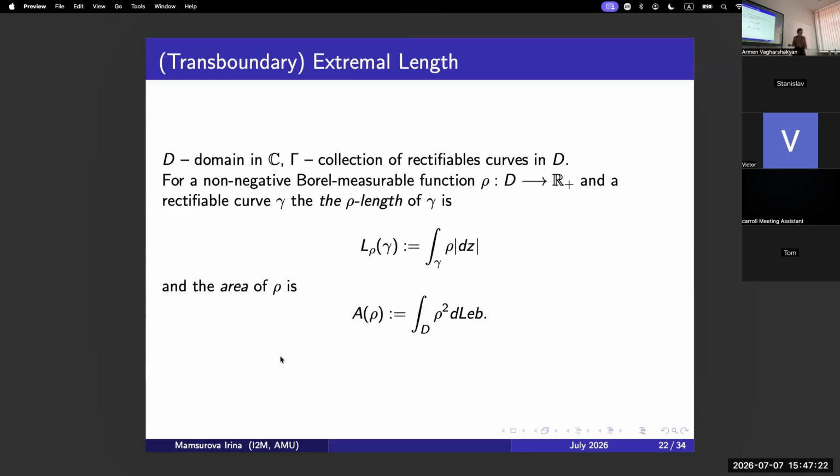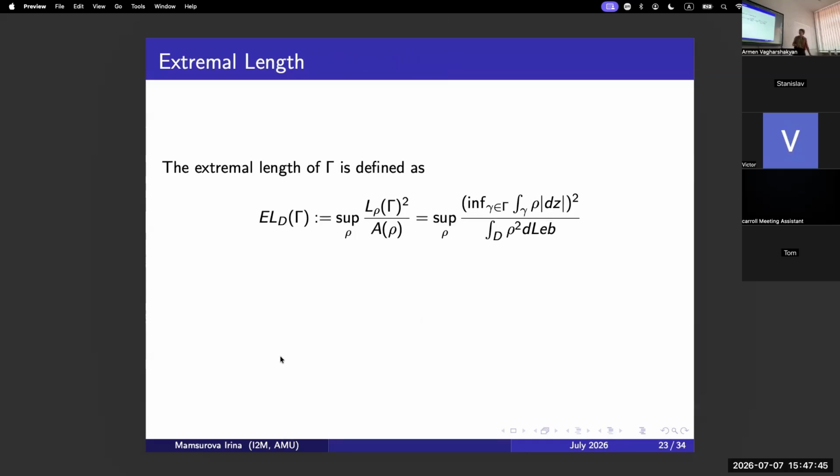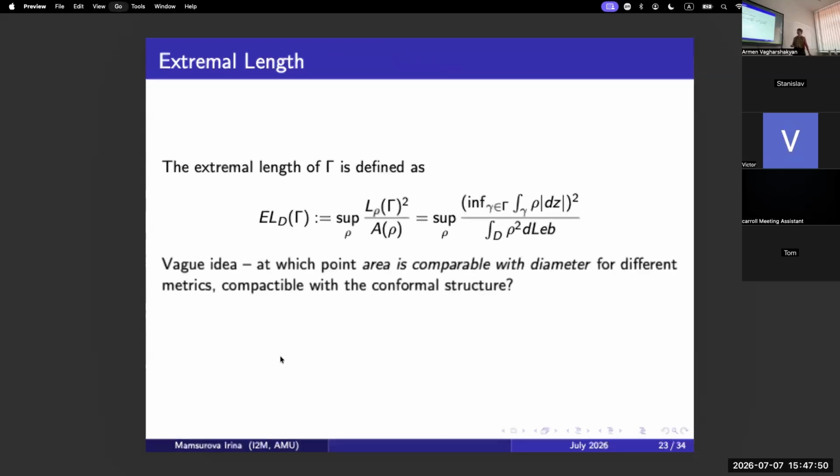And in the same way, we can define the area of a domain. Now we can ask ourselves: we have a domain, we have some set of curves in this domain. How is the length of these curves connected with the area?